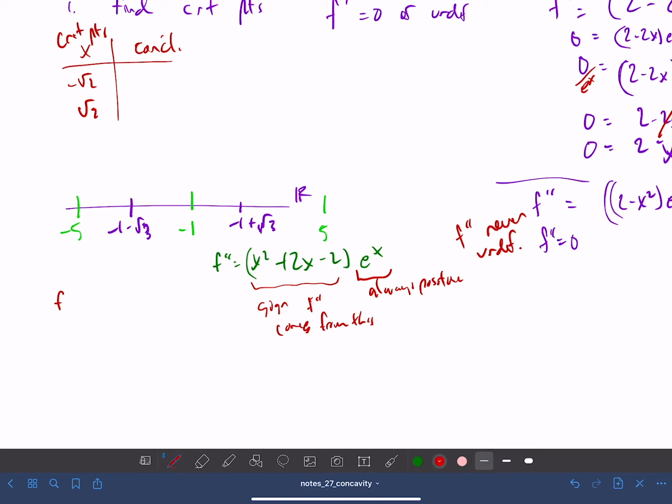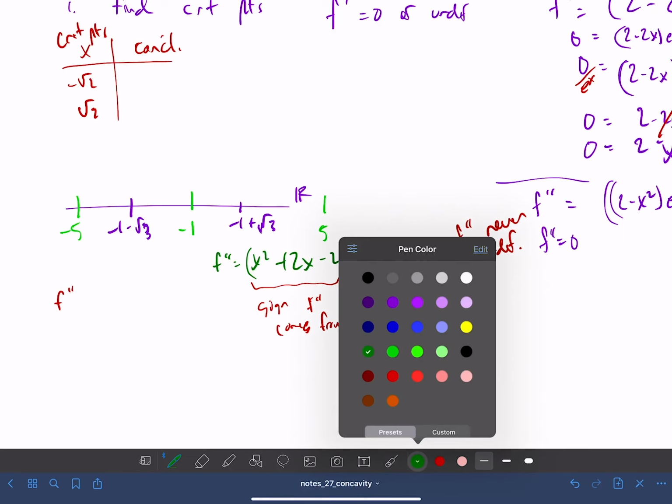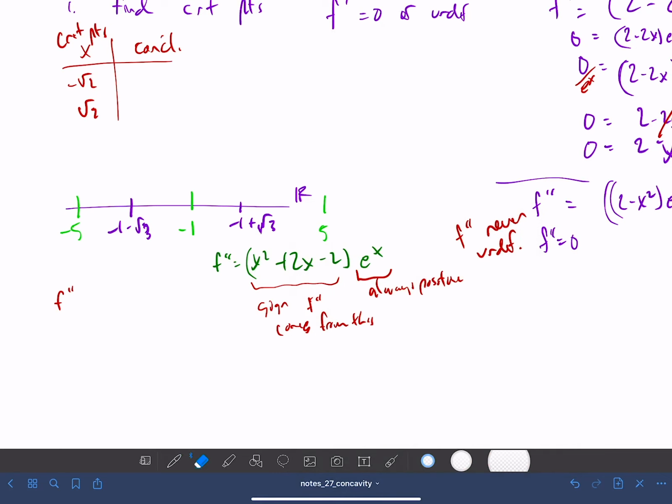So f double prime over e to the x is equal to that part right there.